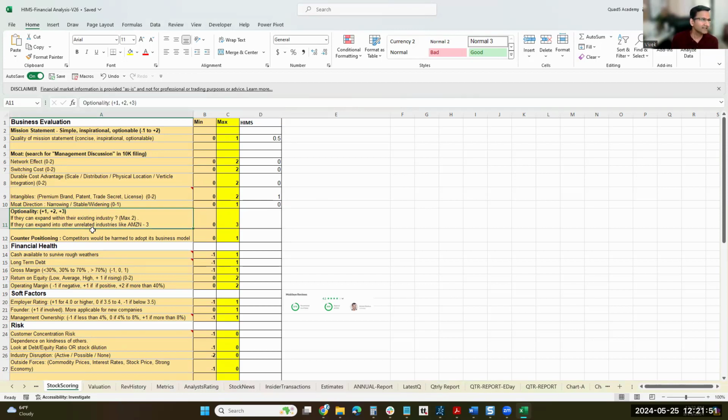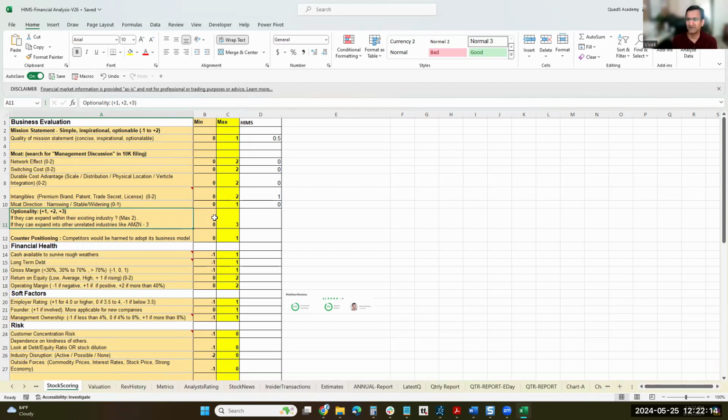Optionality. Can they expand within this existing industry? I guess they have already demonstrated that. You start with sexual health, hair loss, dermatology, and then they can move into adjacent areas, right? So I think that is true. Can they expand into any unrelated industries like Amazon, right?